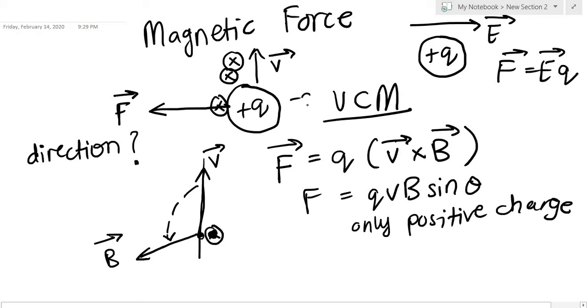So if I had a negative Q over here in the same magnetic field, it would experience the force over here. Or I can put it this way: if you have a moving negative charge in a magnetic field, you do the cross product, you get the direction of the force, but then flip it because it's a negative charge. But if it's a positive charge, don't flip the direction of this cross product.